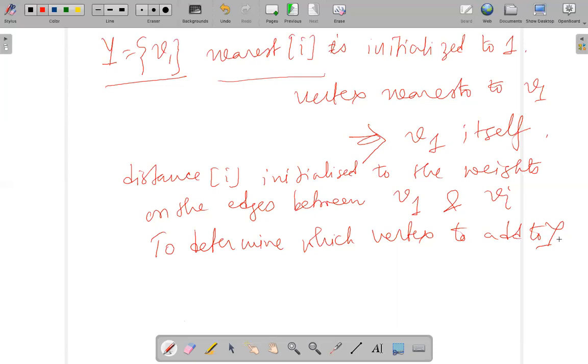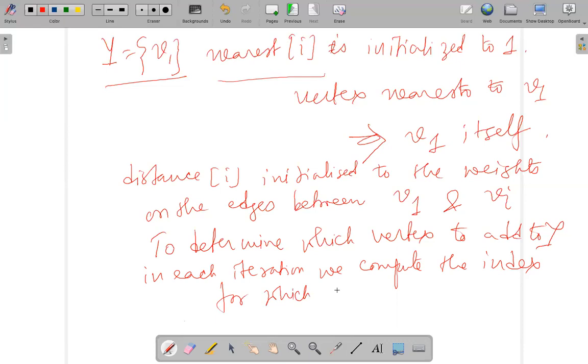So in order to determine which vertex to add to Y next, in each iteration we compute the index for which distance I is the smallest.